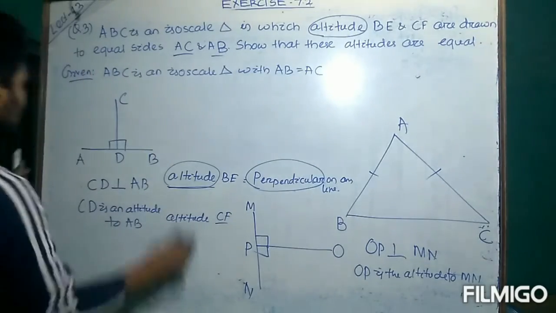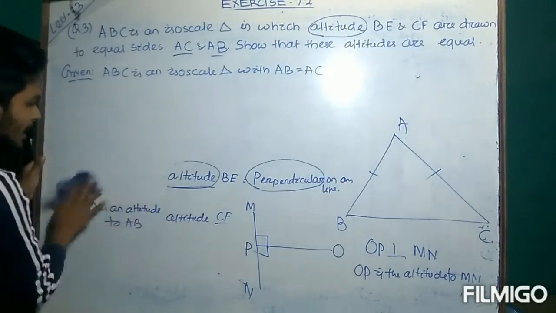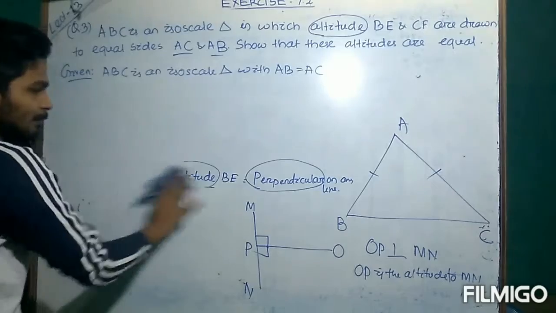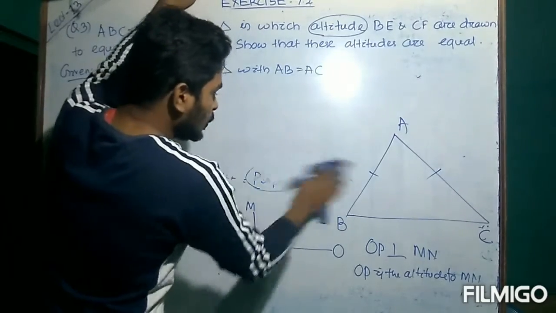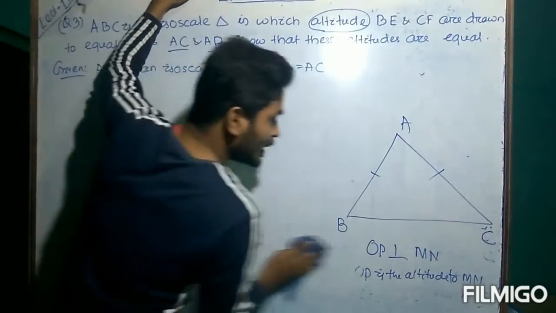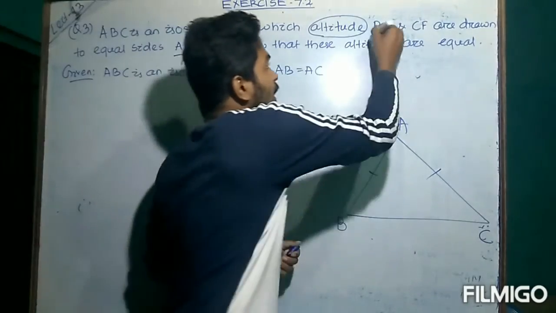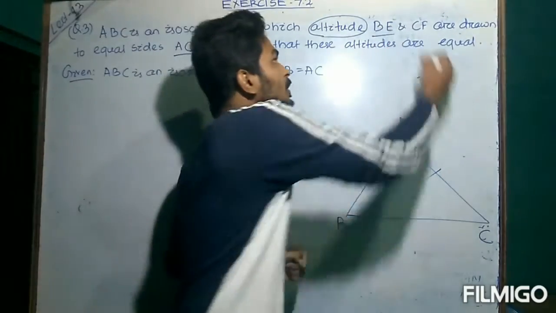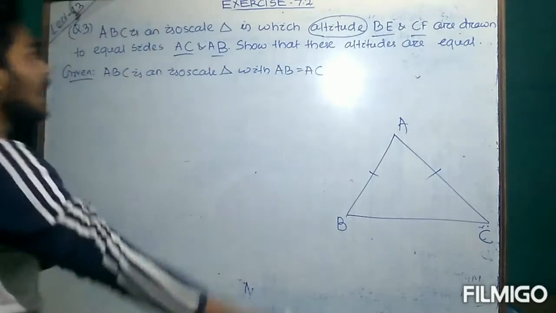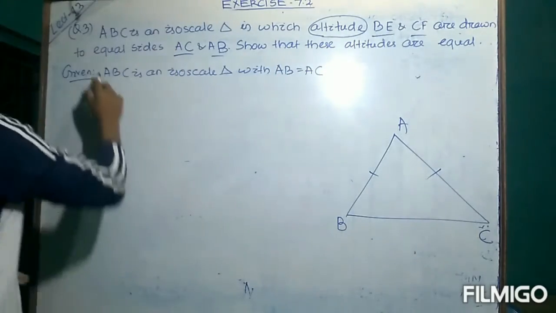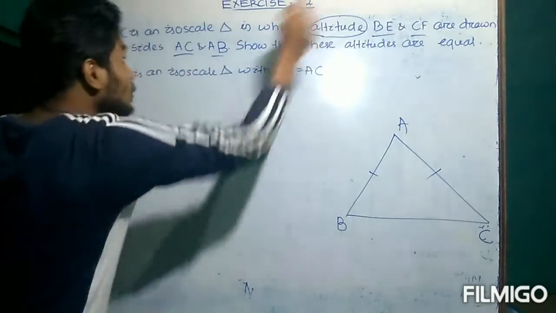Understood? So the literal meaning of altitude is perpendicular. This is clear. So in this figure it is given that there are two altitudes: one is altitude BE, the other is altitude CF.